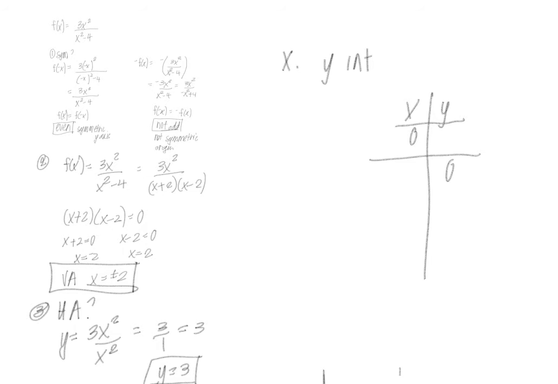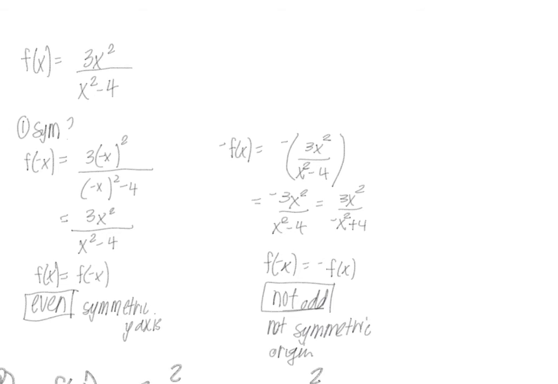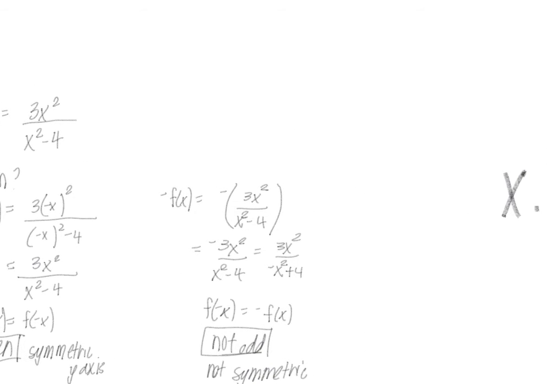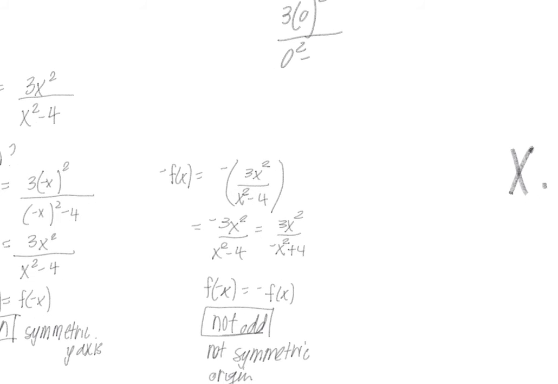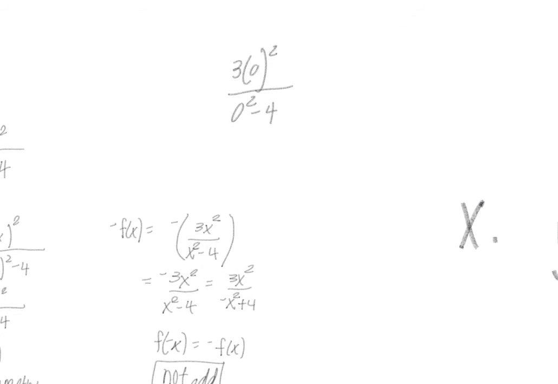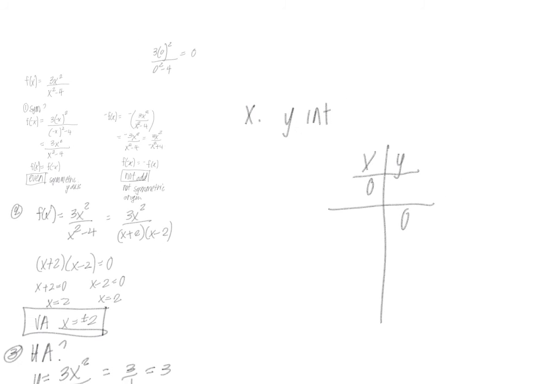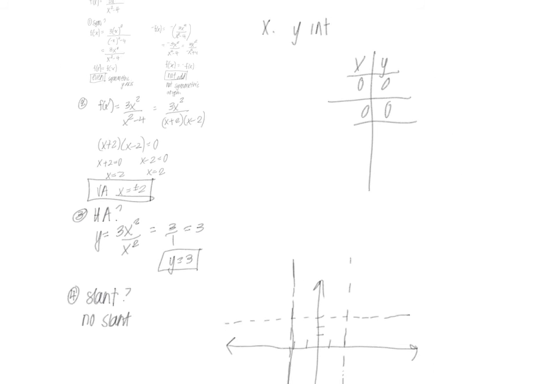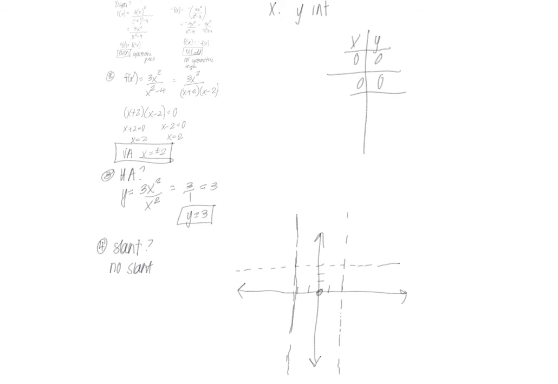Well, when you plug 0 in for x, that would be 3 times 0 squared over 0 squared minus 4. So you get 0. So that's both your x and your y intercept. So we got this point going on right here.